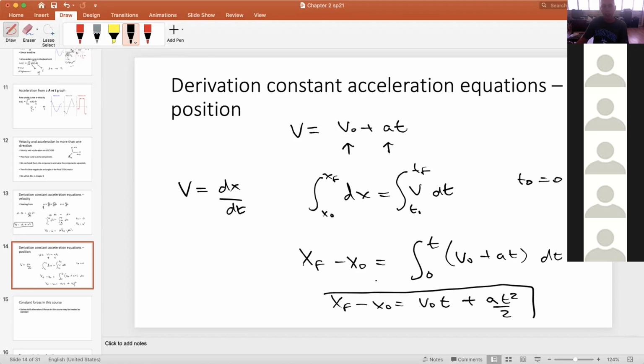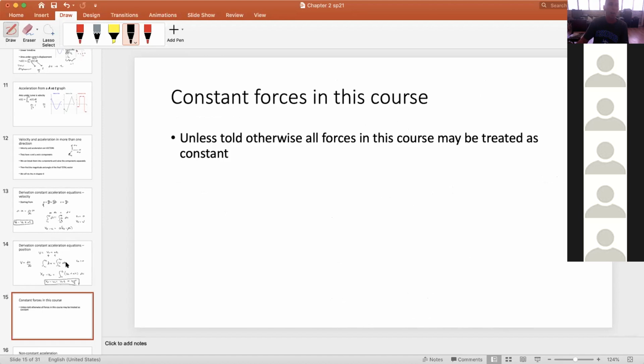This equation right here now gets added. So I'm going to write them right here. We got that v final was v initial plus at. We got that x final minus x initial was v initial t plus a t squared over 2.